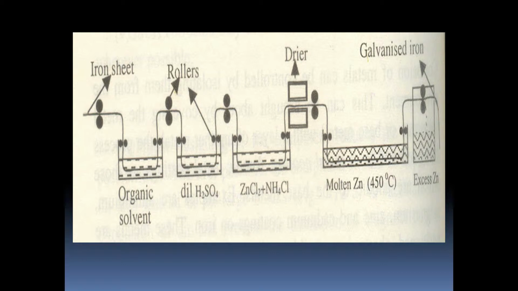The purpose of the ammonium chloride is that it prevents oxidation of molten zinc during the process, since the zinc will be exposed to the environment. Therefore we use ammonium chloride so that the molten zinc will not undergo oxidation.